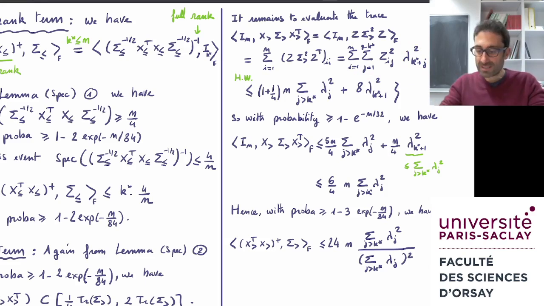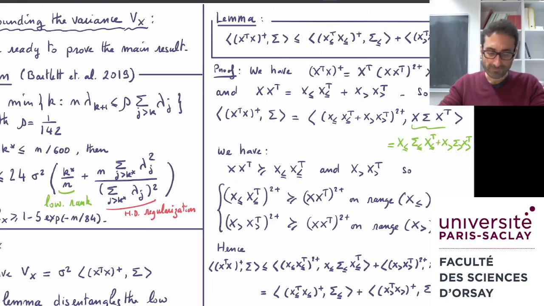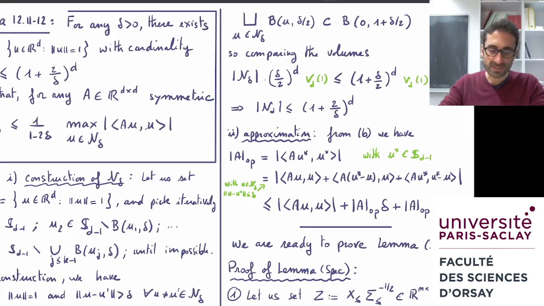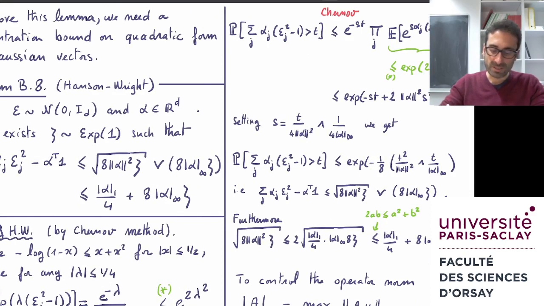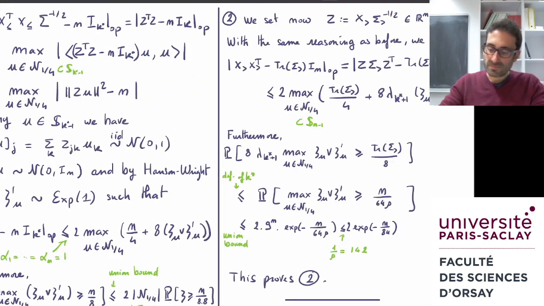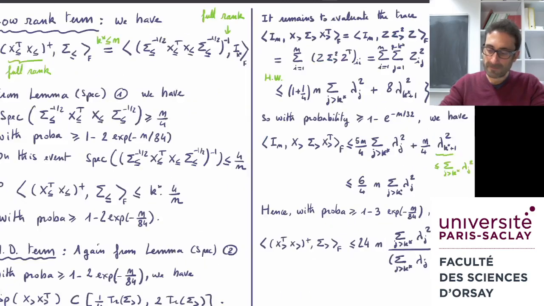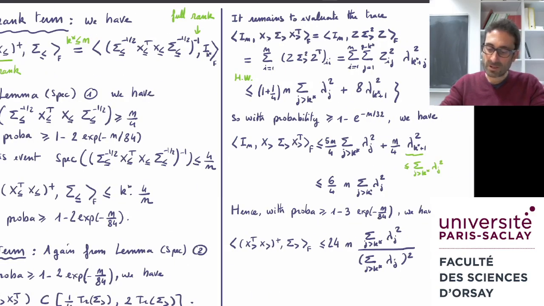So you recognize again that the entries z_ij are IID standard Gaussian, so we again have a quadratic form of standard Gaussian random variables with some coefficients given by this. So we will use the Hanson-Wright inequality. By using this Hanson-Wright inequality, I get the upper bound.